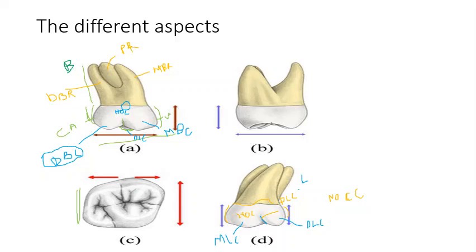So this is the palatal root on the lingual aspect. We are also able to see these same three roots from the lingual aspect, the distobuccal root and the mesiobuccal root.